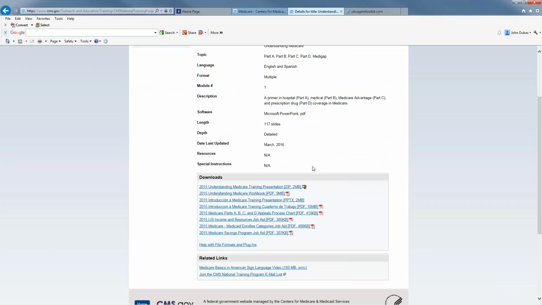Keep in mind, this is a live site and it's still showing 2015 numbers and information, but you have that program information available to you, and wow, English and Spanish.